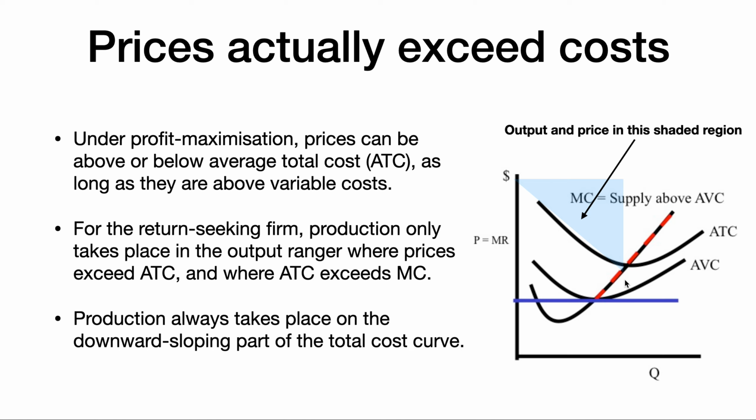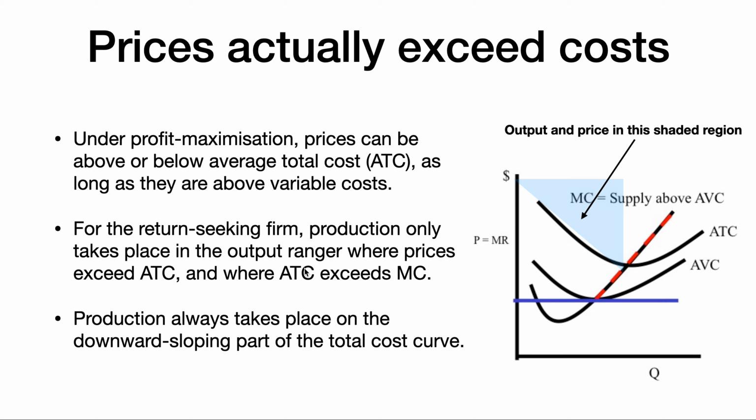Okay, production only takes place in the range where prices exceed average total costs and where average total cost exceeds marginal cost. So this blue range here is where the price and output combination must be, which is very, very different because in the profit maximizing theory, price and output combinations are always on this dashed rising marginal cost line. So quite a different result there.